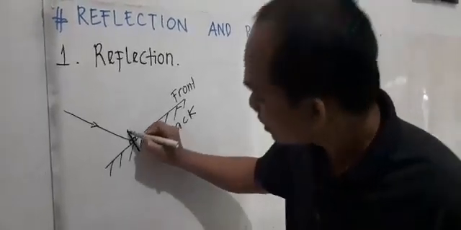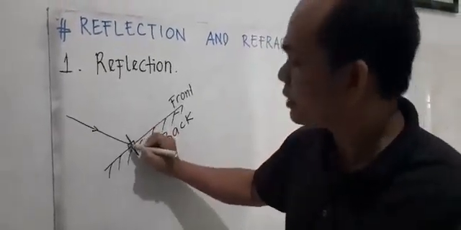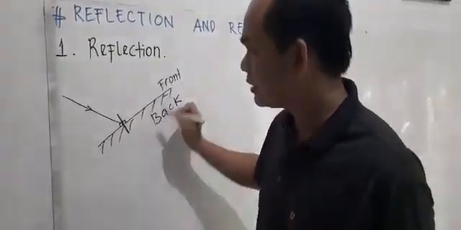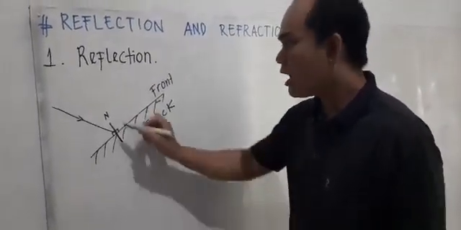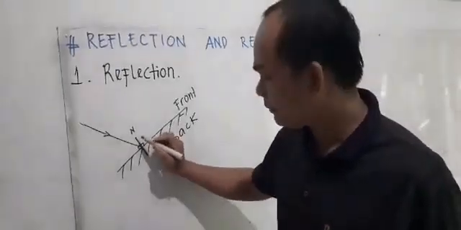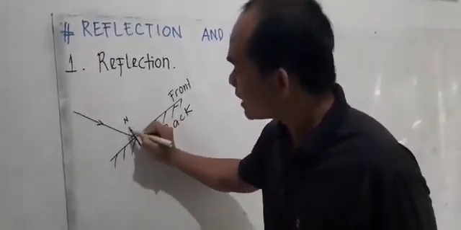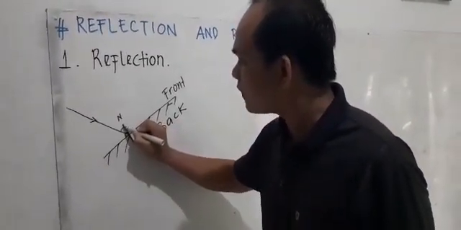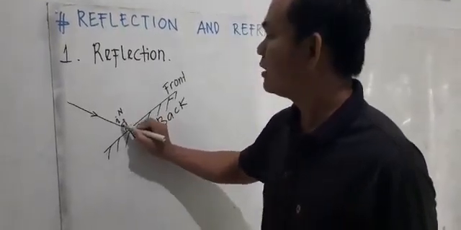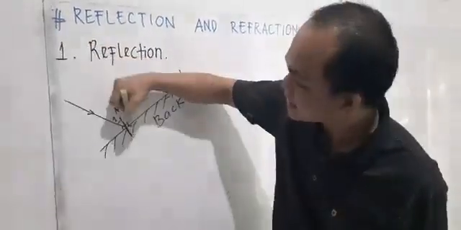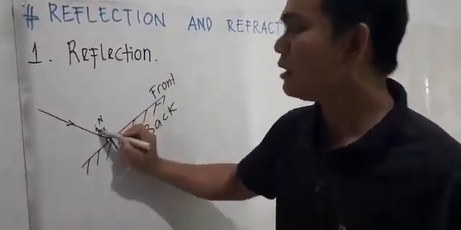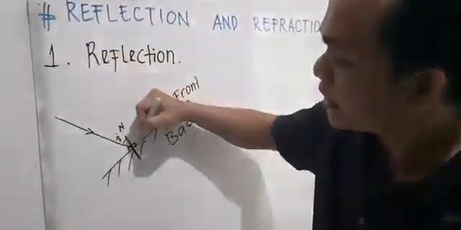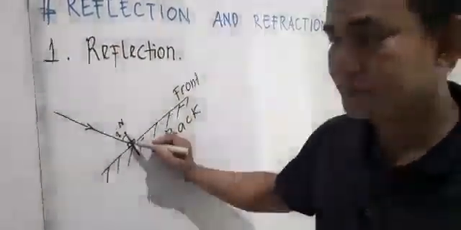So we put the letter N here to indicate the normal line, and we get the angle of incident, I, which is the angle between the incident ray and the normal line.